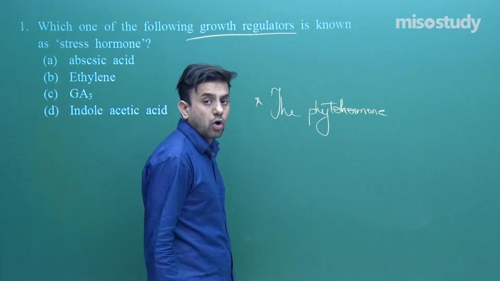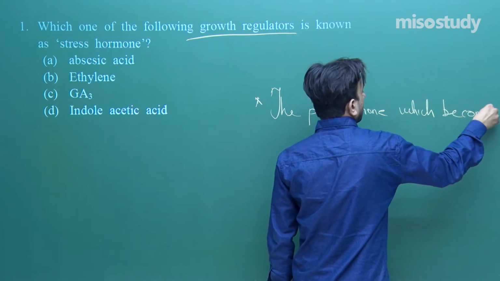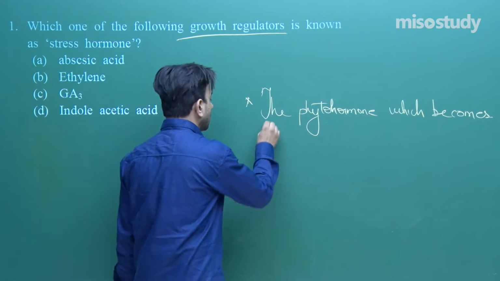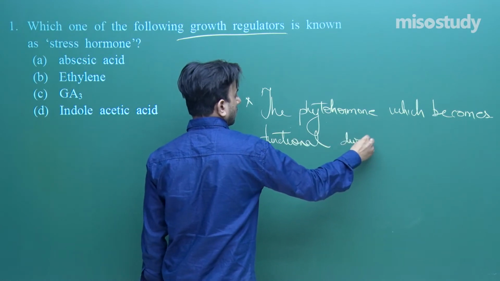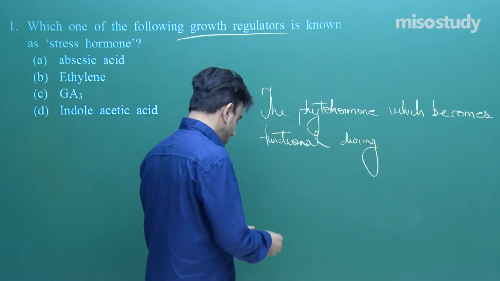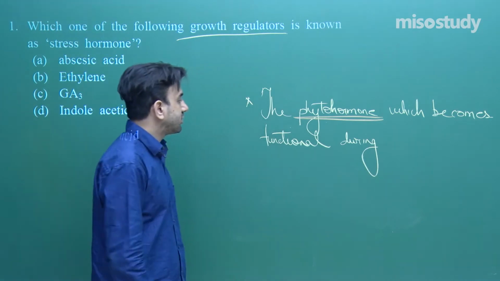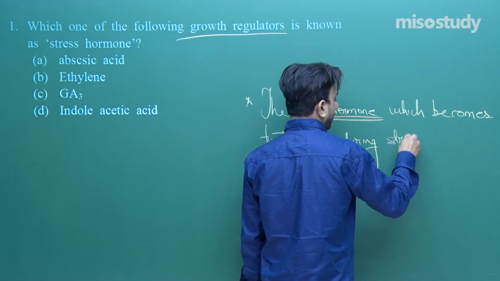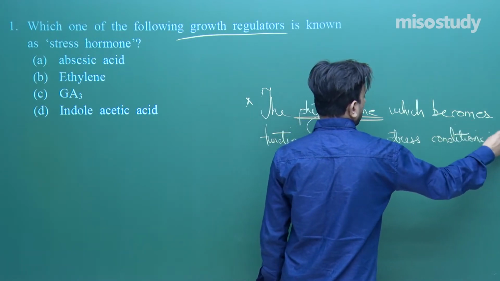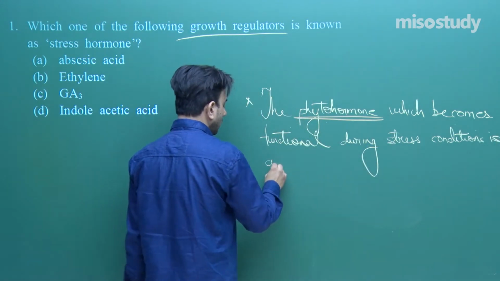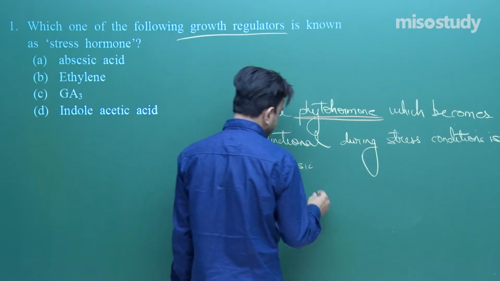The phytohormone which becomes functional during stress conditions is abscisic acid.